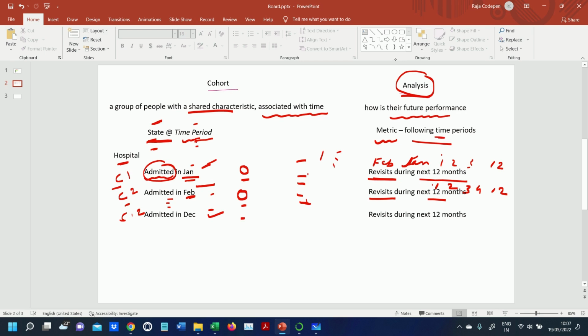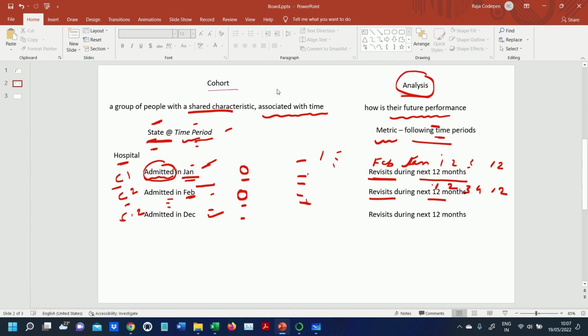If you are measuring by day, you need to measure the metrics by day. If it is week, it's week. If it is year, it's year. So I hope you got a brief understanding of what a cohort is. Now we're going to see this in code using Python.